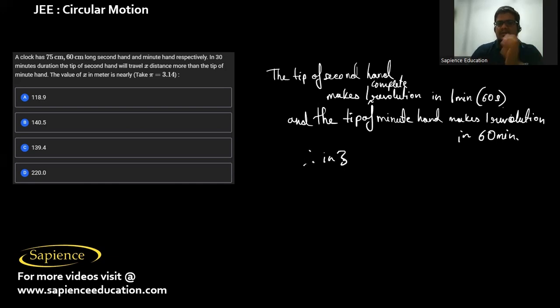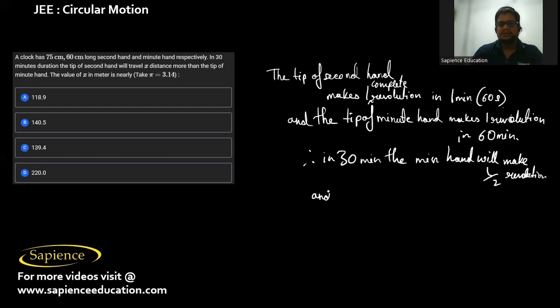Therefore, in 30 minutes, the minute hand will make half revolution, and the second hand will make 30 revolutions.